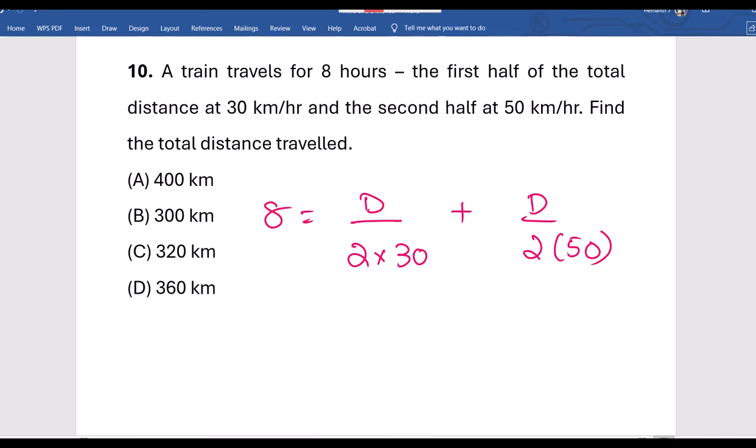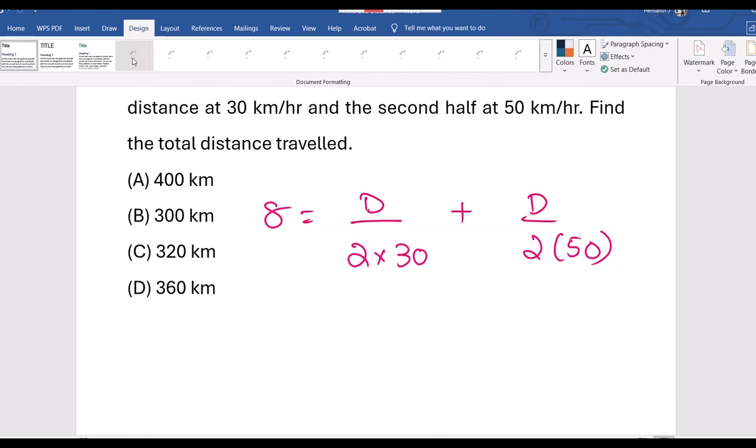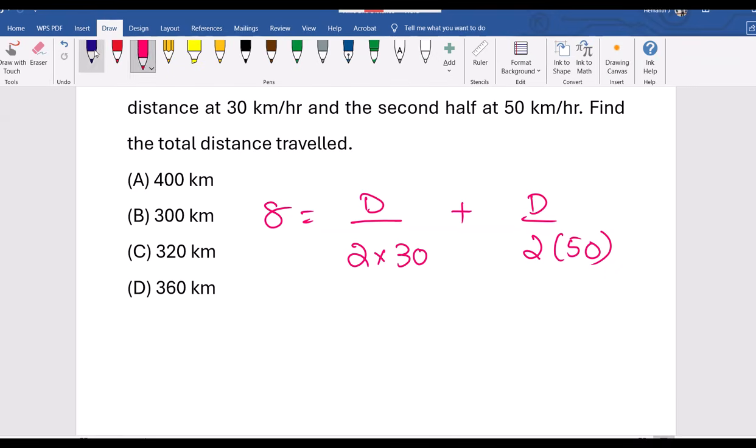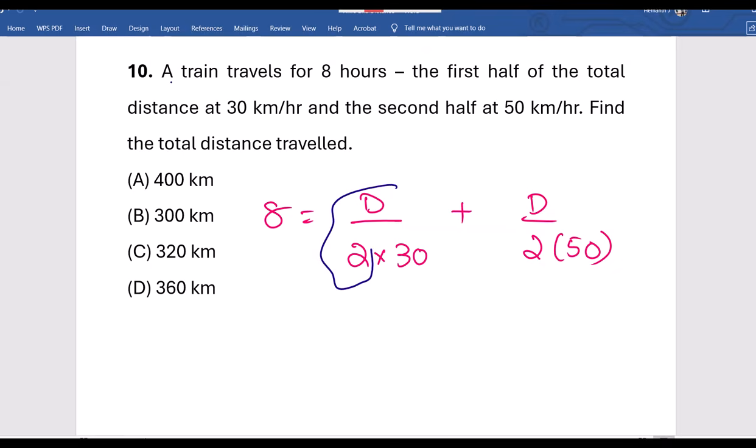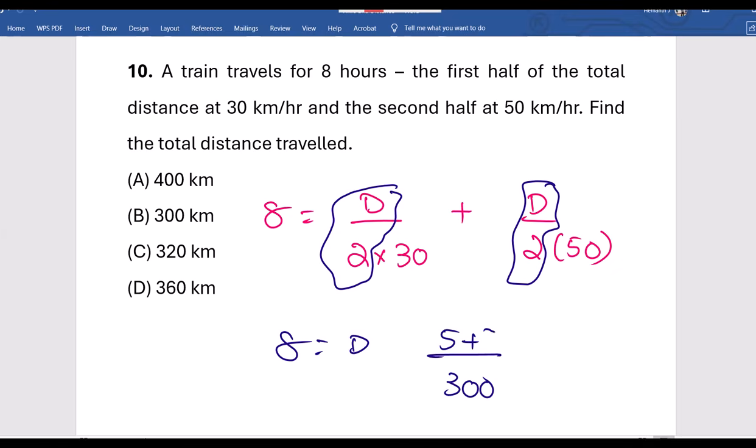First half of the total distance D by 2. Here D by 2, here D by 2, you understand? Half only I have taken. You can take LCM of D out, 60 and 100, 300, 5 plus 3, 8, this 8, that 8 will get cancelled.